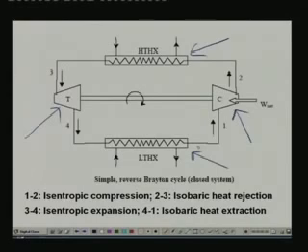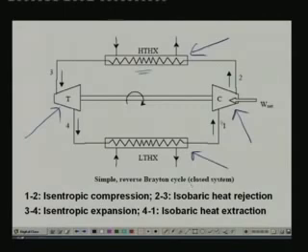The first change is that the isothermal compressor is replaced by a high temperature heat exchanger. Similarly, the isothermal turbine is replaced by a low temperature heat exchanger. Now, what are the 4 processes in this particular cycle? The first process, process 1 to 2, is isentropic compression.